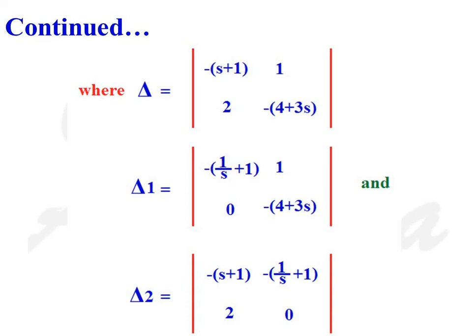Delta 1 is equal to determinant of minus of 1 by S plus 1, 1, 0, minus of 4 plus 3S. And delta 2 is equal to determinant of minus of S plus 1, minus of 1 by S plus 1, 2, 0.